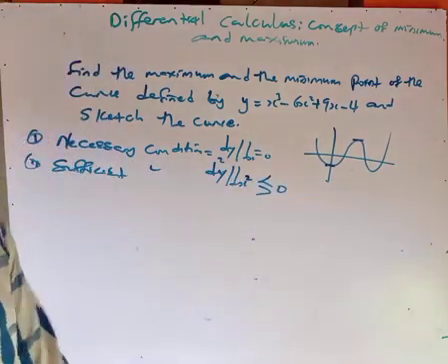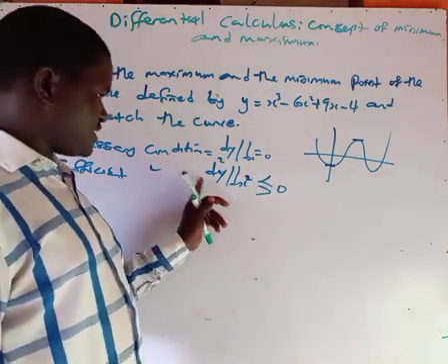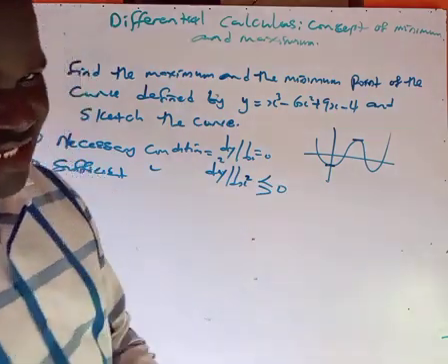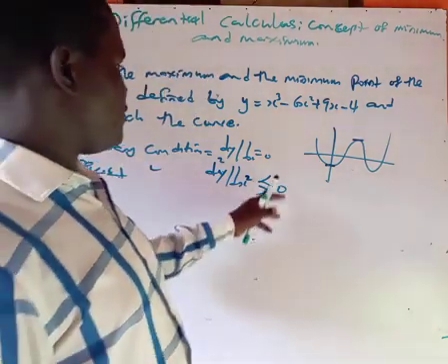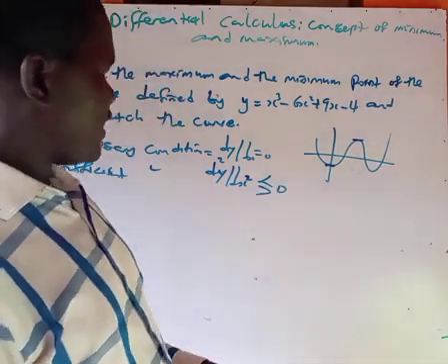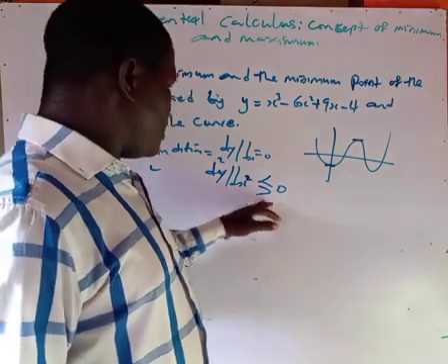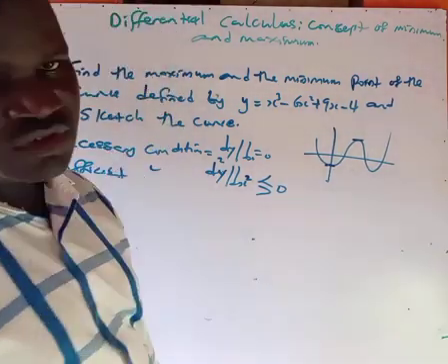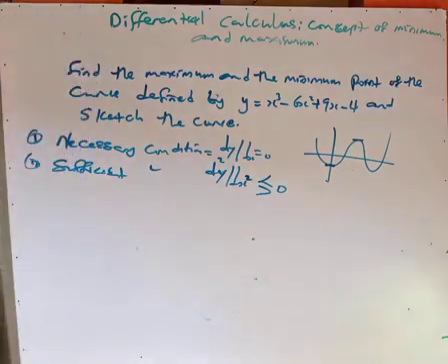What does it mean? It will be at maximum when the second derivative is less than 0, and minimum when the second derivative is greater than 0. So that is it. So you can now carry it out.